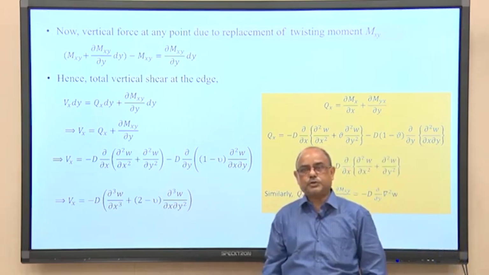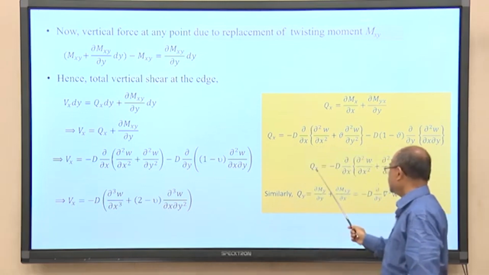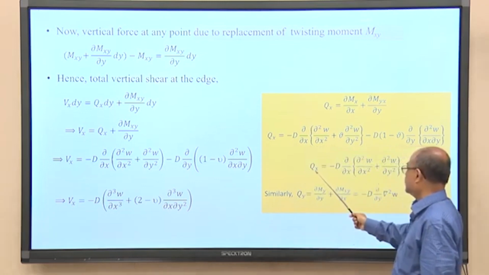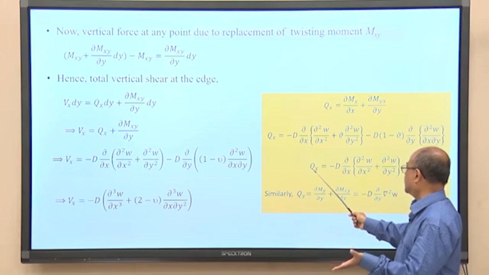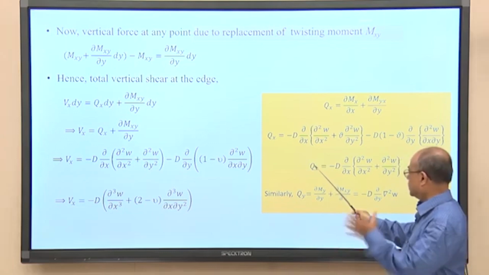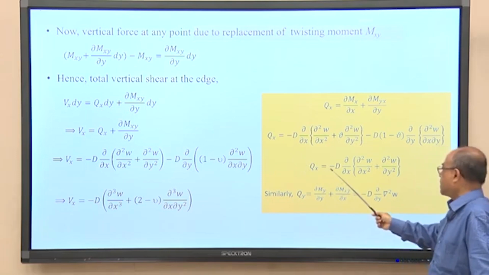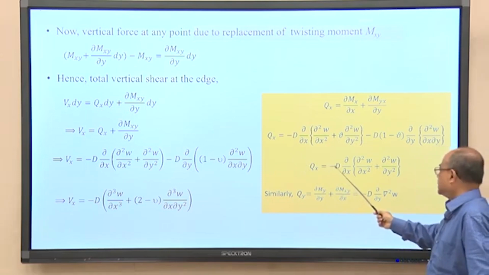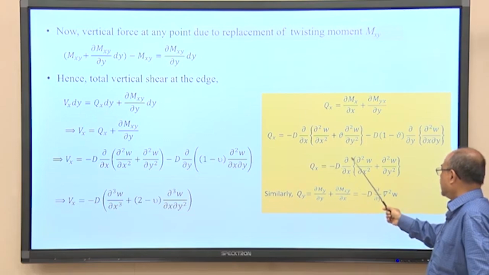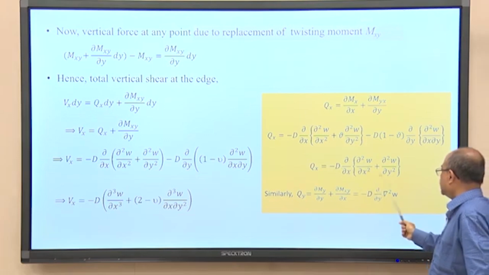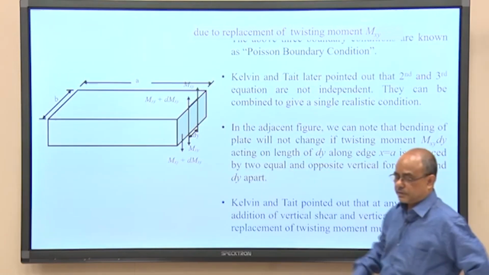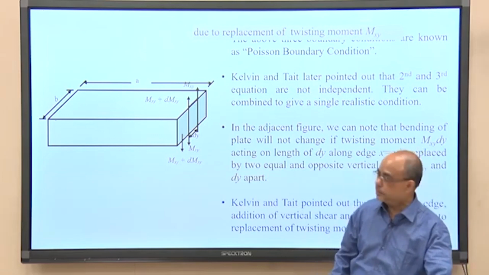So, there is no Poisson ratio term in the shear force expression, shear force due to vertical or transverse force. So, shear force due to transverse load in the plate is simply minus D del by del x, and this is the Laplacian operator.